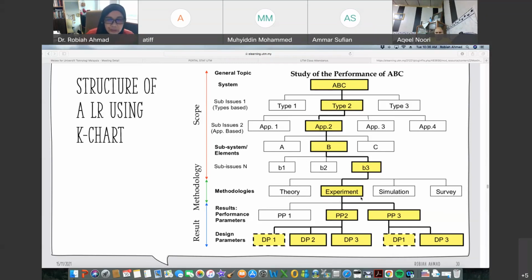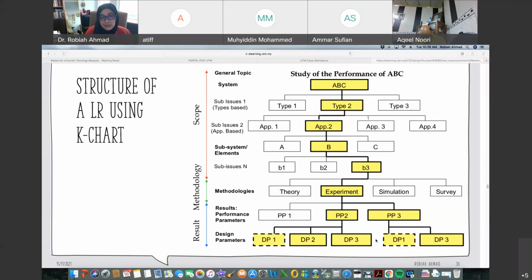When I want to concentrate on the experimental only, what are the performance parameters or the design parameters that I want to play with? I want to deal with, I want to modify. Sorry, this one is the design: maybe the length, the diameter, the material.